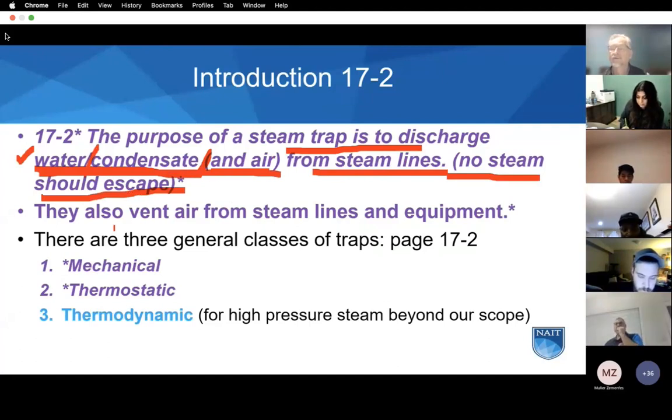There's three general classes or types of traps. We're just going to look at two of them. Look at mechanical traps, kind of the old standby. More modern type of steam trap is thermostatic. And then these are really for very high pressure systems. I think when the book was written, they were limited use.